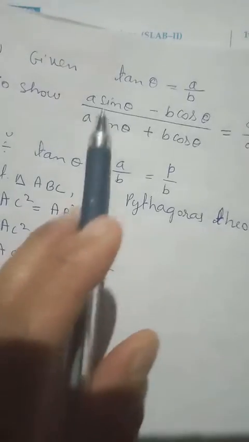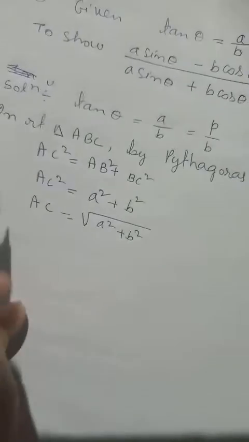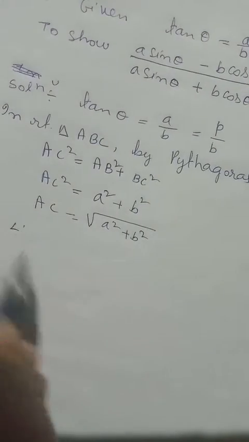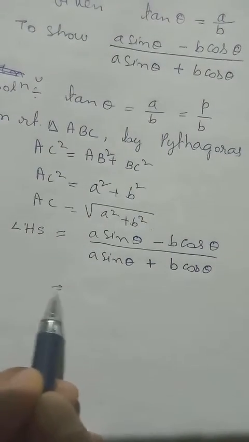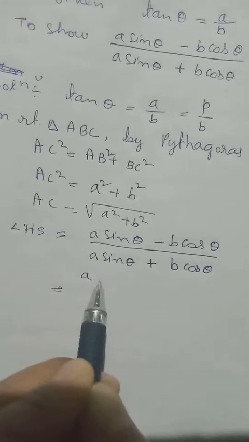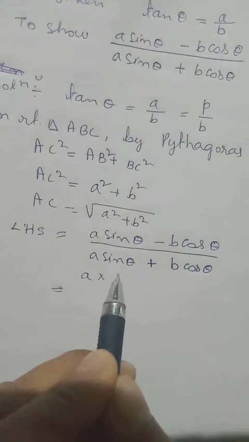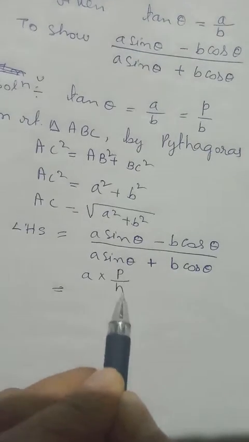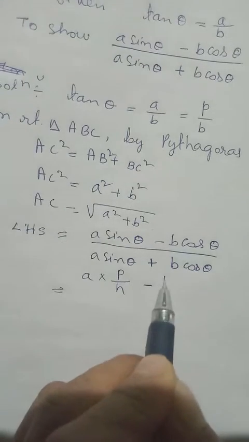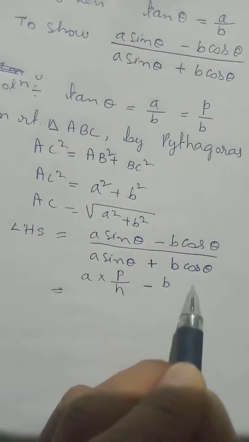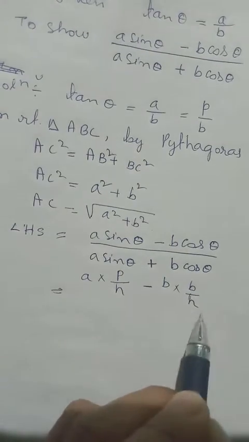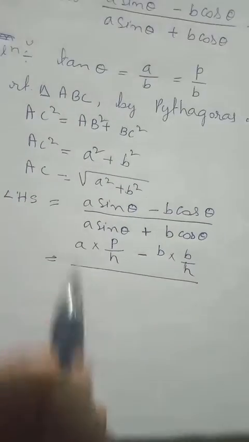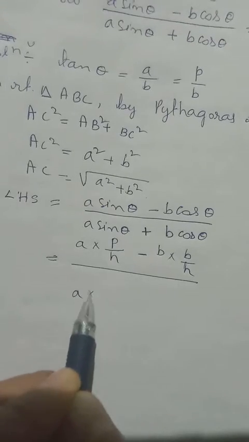Now remember we have to find the value of this, so let's take it as our left hand side. Now we know the definition: a, let it remain a. Sin θ we know is P by H, minus b, let it remain b, cos θ equals B by H. Then in the denominator also we have a, let it be there.